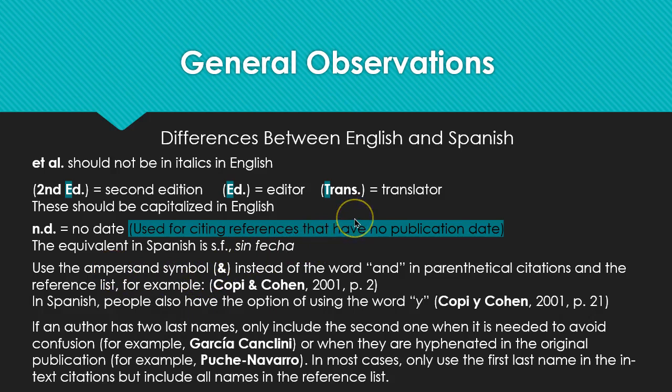In English, when we cite a source with 2 authors in the in-text citations, it's necessary to use the ampersand symbol instead of the word and, both in the parenthetical citations and in the reference list, like this. Whereas in Spanish, people also have the option of using the word y, and. That can be used, or the ampersand, but in English, the ampersand is the only option.